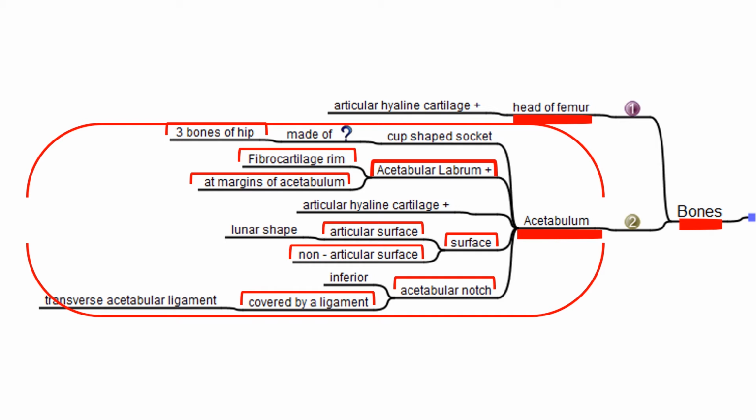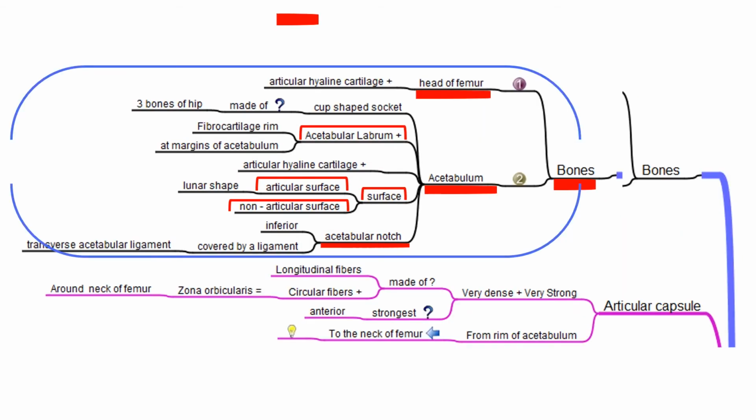At the inferior side of the acetabulum there is a notch, and this notch is covered by a ligament called the transverse acetabular ligament. In this mind map, we had an idea about the bones making the hip joint.